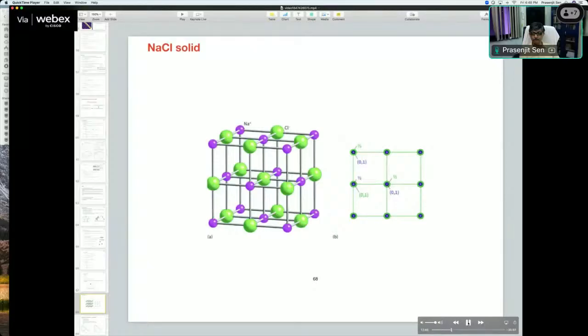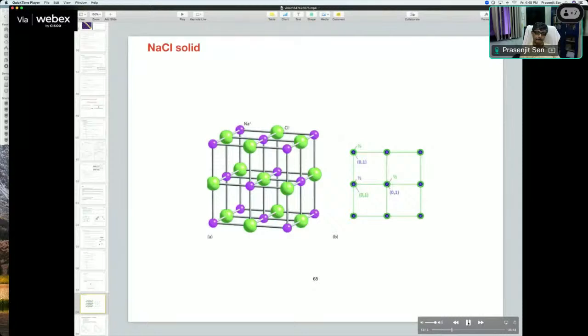So we will learn how to construct MBTR in general, and I will illustrate it by constructing MBTR for a sodium chloride solid. Sodium chloride has an FCC structure, basically two interpenetrating FCC lattices, one of the sodium atoms, one of the chlorine atoms.